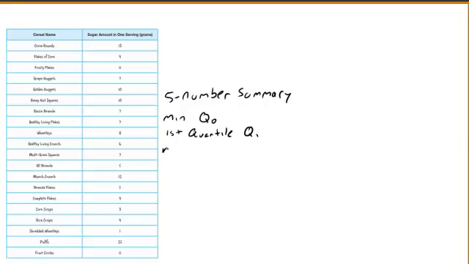My median, which means middle number, is my quartile 2. My third quartile is quartile 3, and then my maximum is my quartile 4.